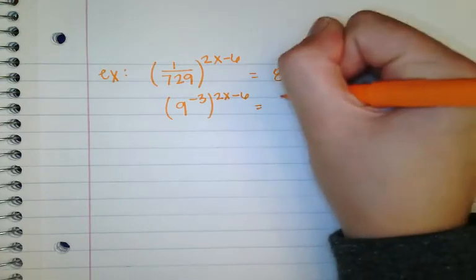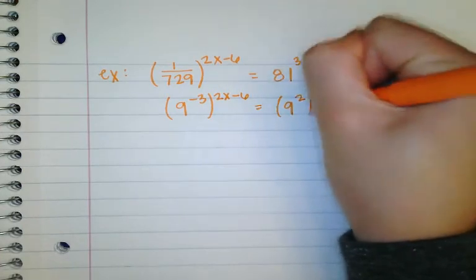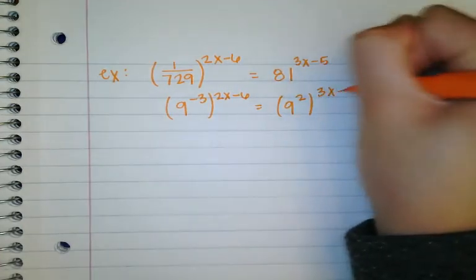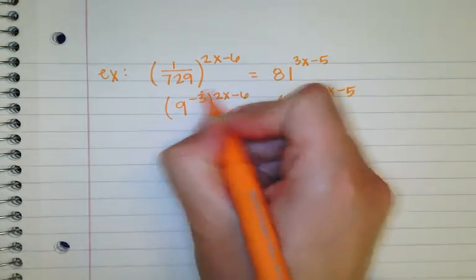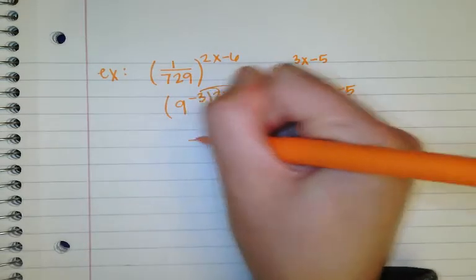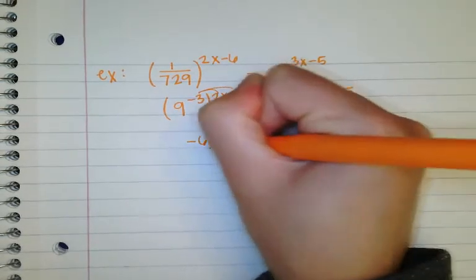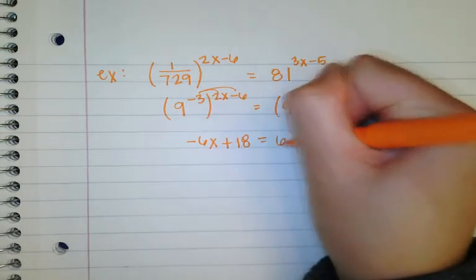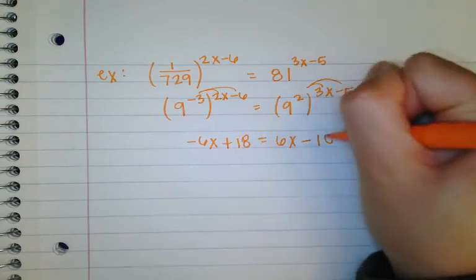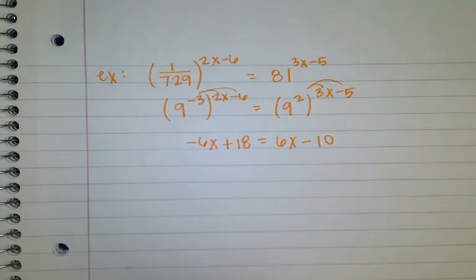On the right side, 81 comes from 9 squared. And then we want to solve the equation in the exponents. So I'm going to distribute the negative 3 as I rewrite this. 6x minus 10 on the right side.